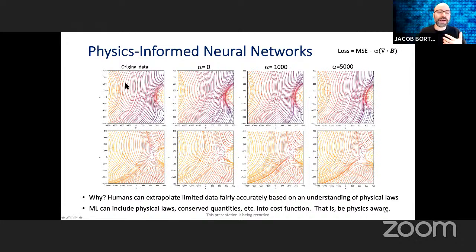You have interplanetary magnetic field flying in from the left-hand side, and this comes from an animation. It's kind of like a CME or a flux rope flying through, and we sampled our space very coarsely to see how our machine learning would reproduce the data.